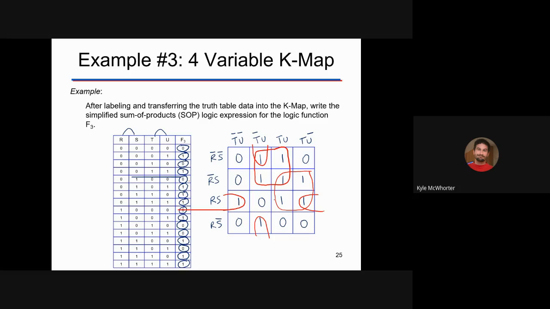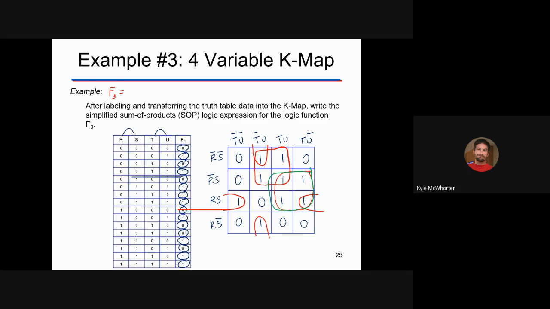So now we just need to write our minterms, okay? So this is F3. So from the big one, let's start with this one.